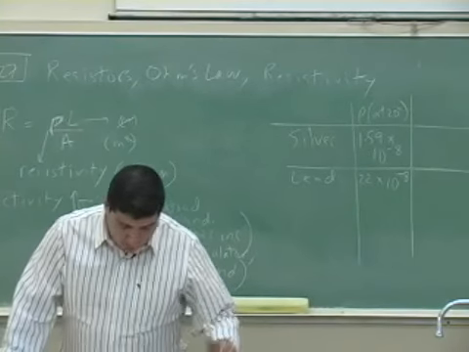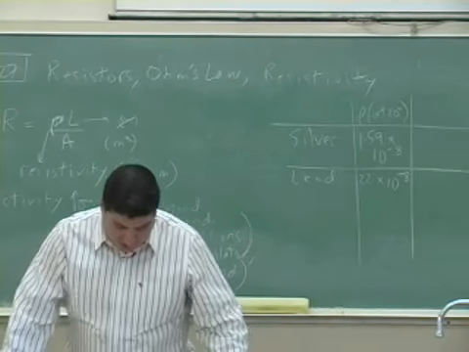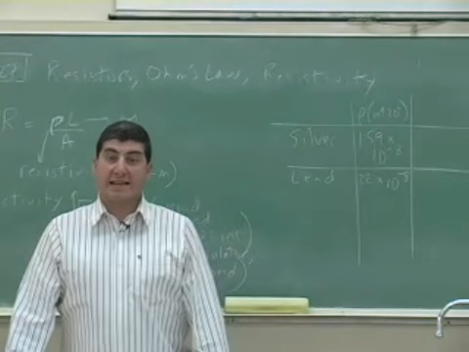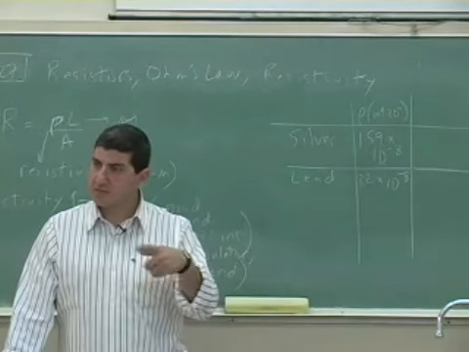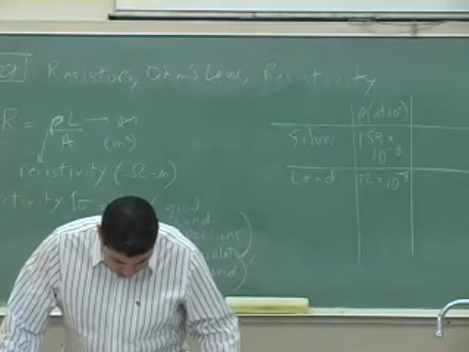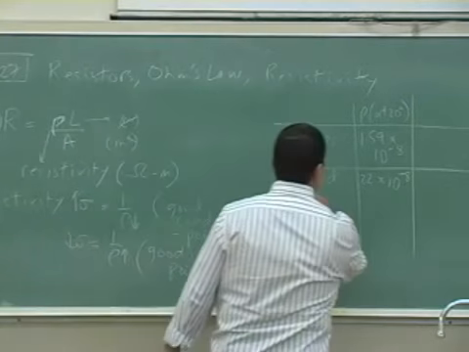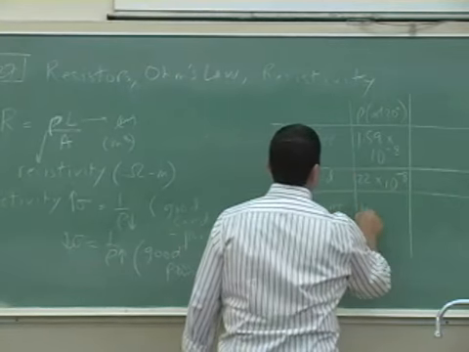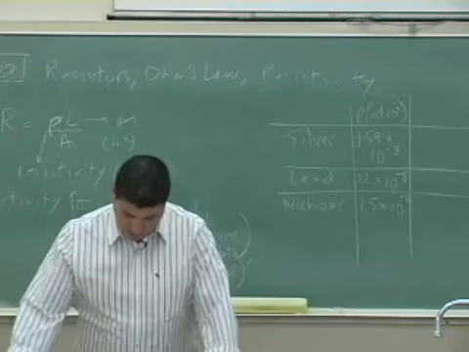And then the next one they give you is nichrome, which is a nickel chromium alloy, commonly used in heating elements, like in your thermos or whatever, some kind of heating element. This is 1.50 times 10 to the negative 6. Okay?